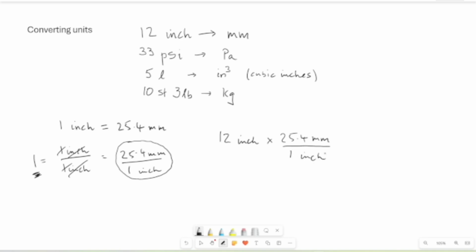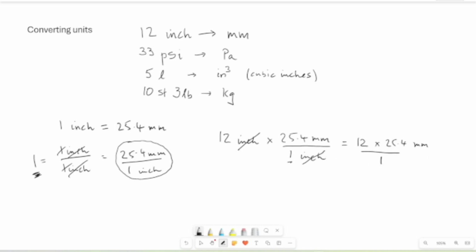And having got that, what I can do is cancel the unit on the top with the unit on the bottom, and that leaves me 12 times 25.4 millimeters divided by 1.